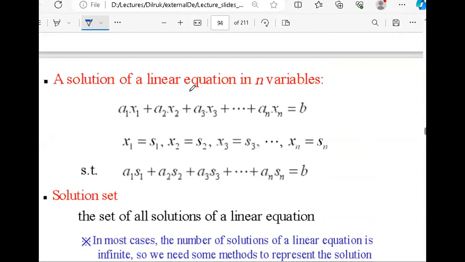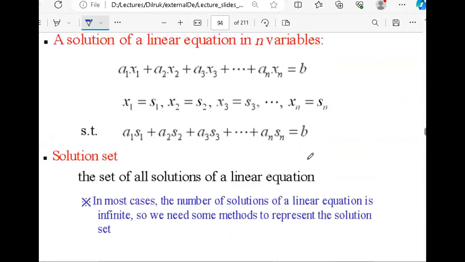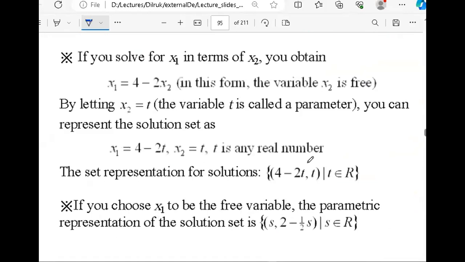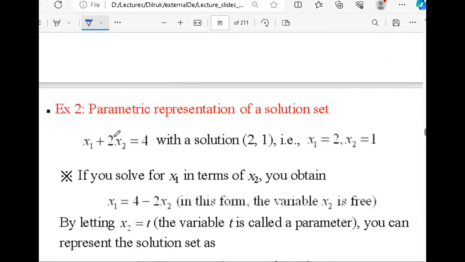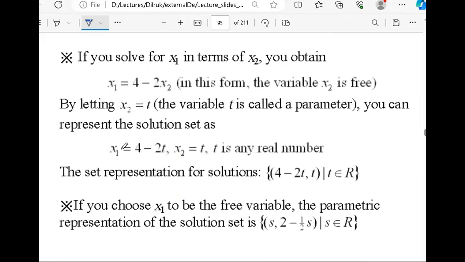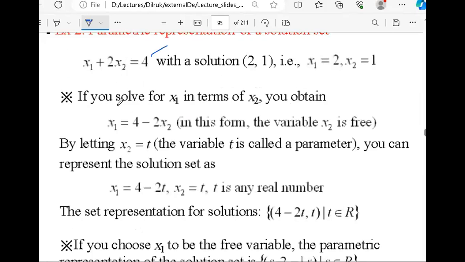Solution of a linear equation, I discussed that. Your degree of freedom is 2, and we have only one equation. This has infinitely many solutions, so you can write the solution set. When you solve this for x1, you get 4 minus 2x.